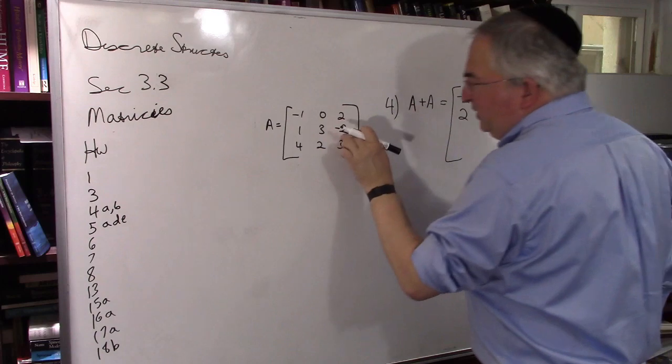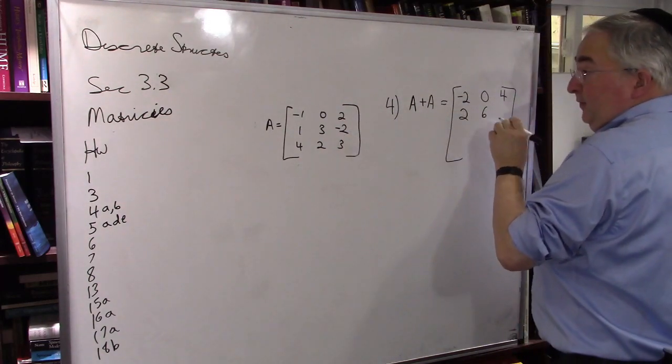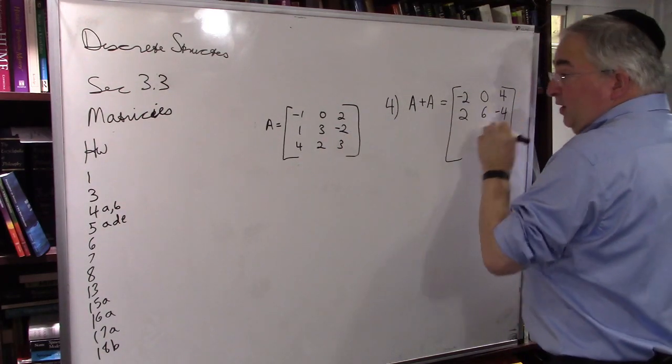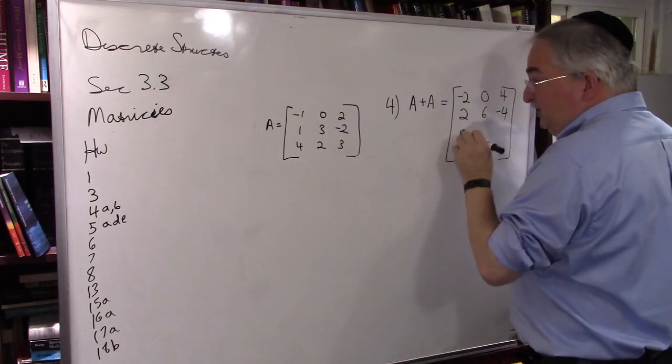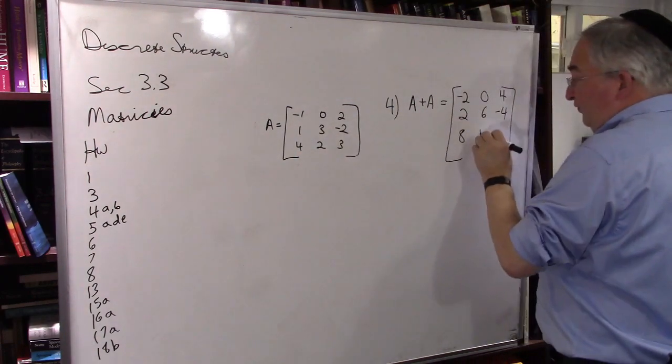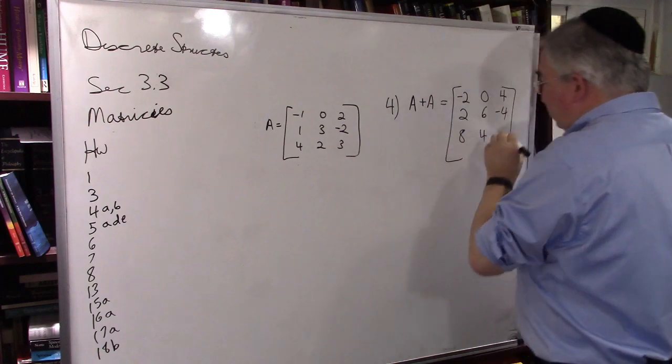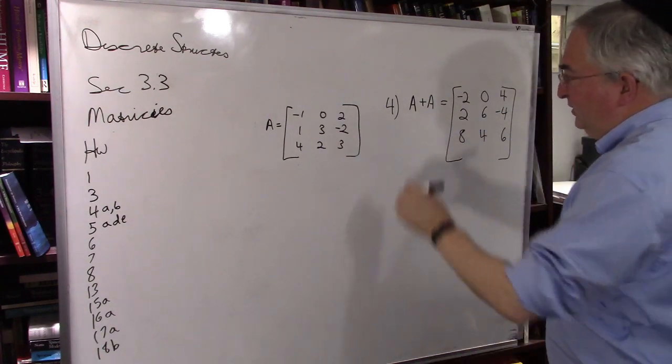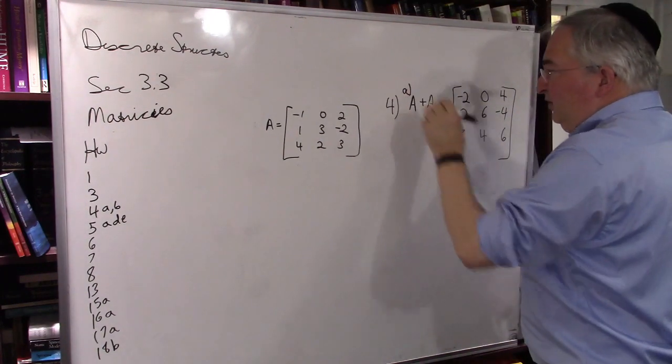Minus 2 plus minus 2 is minus 4. 4 plus 4 is 8. 2 plus 2 is 4. 3 plus 3 is 6. Okay, so that's 4a. Great.